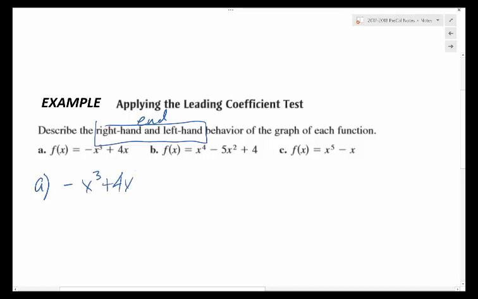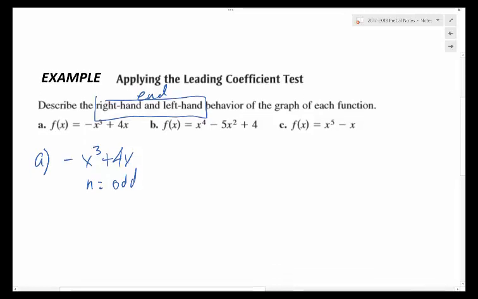Because it's negative x to the third, it's an odd powered function, which means as x goes to negative infinity, meaning to the left, it goes up. And as x goes to positive infinity, to the right, it goes down.